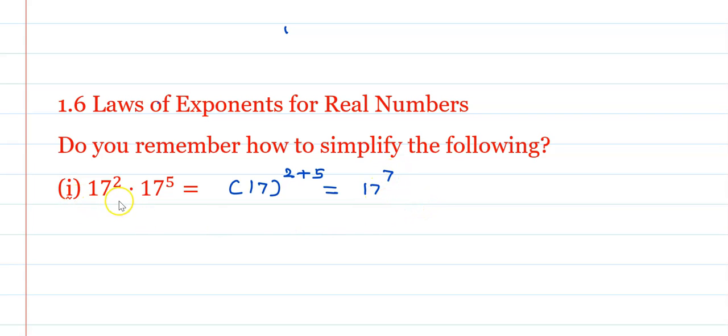If the bases are equal and between them we have the multiplication sign, then we add the exponents. Then what is the rule? a raised to m into a raised to n equals a raised to m plus n. Okay, now we'll see the next example.